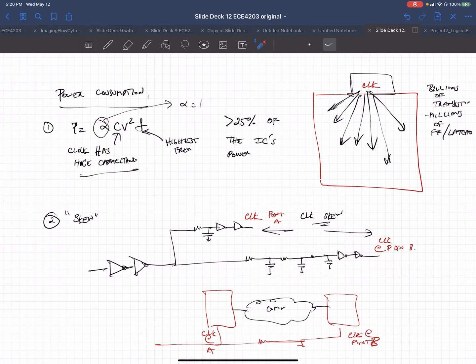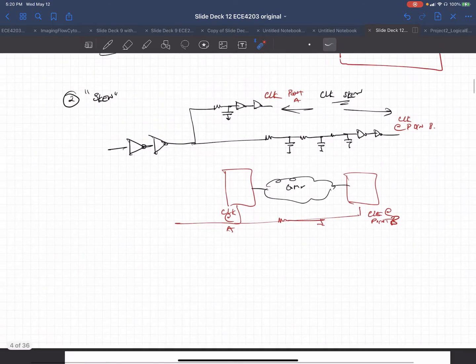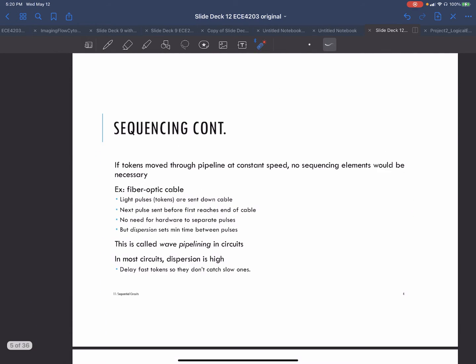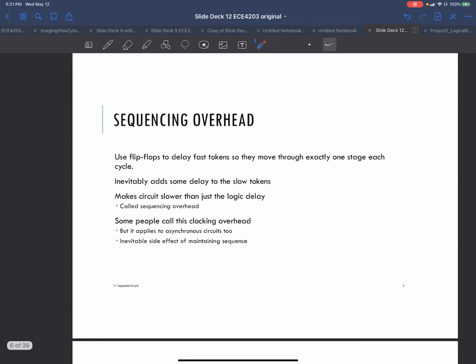Okay, so let's see. We talked about pipelining in circuits, important in sequential circuits. These are really for having pipeline stages, for having finite state machines. These sequential circuits are great, but there is inevitably some overhead, some amount of added delay.